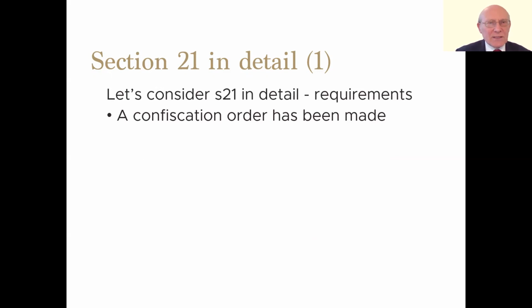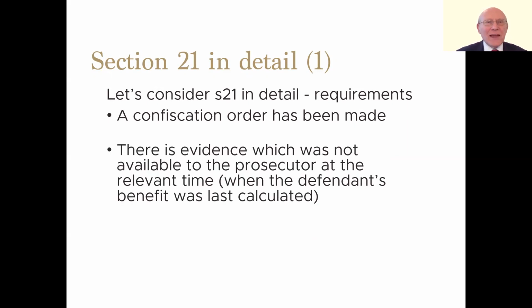First of all, the requirements. The requirements for section 21: a confiscation order has been made, and there is evidence, and this is the common thread, isn't it? There is evidence which was not available to the prosecutor at the relevant time when the defendant's benefit was last calculated.